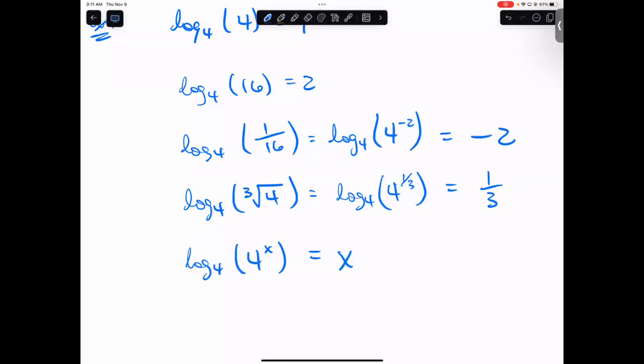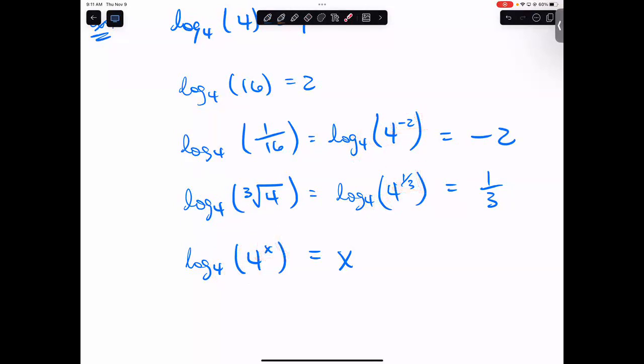Look here, here, here, maybe. The base 4 in the log and the base 4 in the exponential. What are those doing? Canceling, basically, right? One undoes the other one. And what we're left with is just whatever was in the exponent.